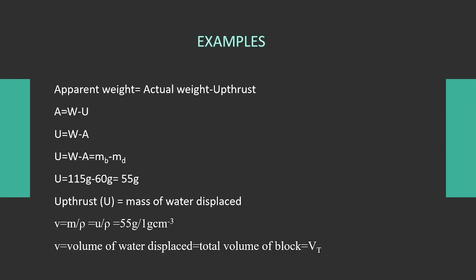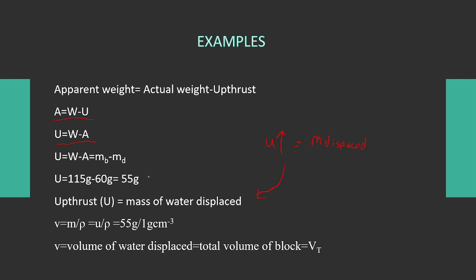So the apparent weight is equal to the actual weight minus the upthrust. In that effect, the upthrust is equal to the actual weight minus the apparent weight. The reason why we are finding the upthrust is because the upthrust is going to be equal to the mass of water that is being displaced. So that's the mass of water displaced.